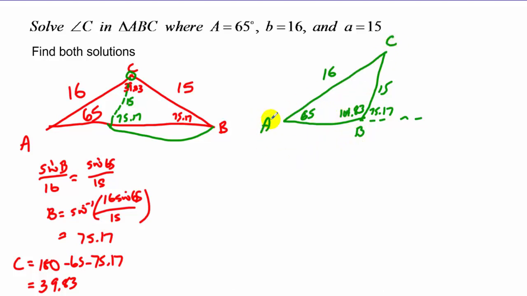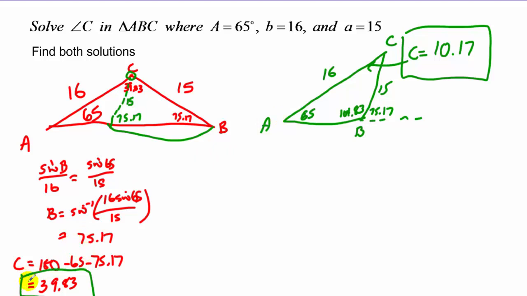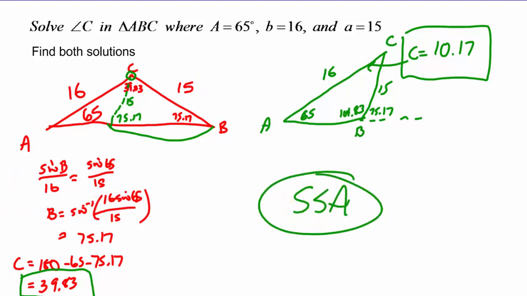And I get a C value of 10.17. So here's one value of C, here's the other value of C, and there's a couple examples of how to swing that. Again, side-side-angle is the theme of the day, and you've got to pay attention to how many solutions you're going to have as a result.